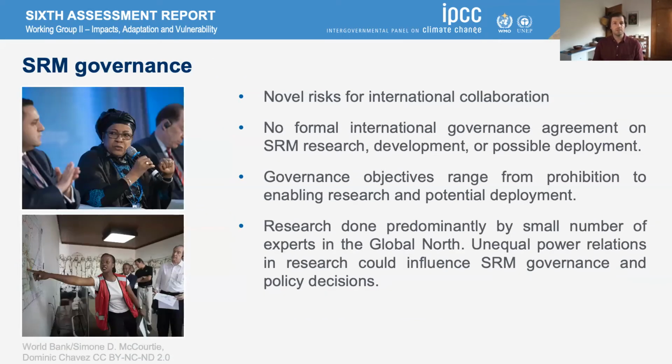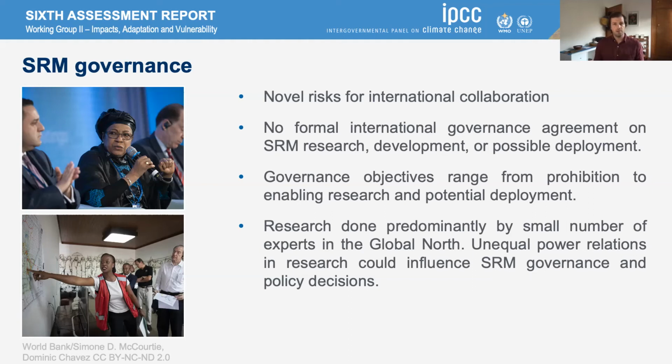Moving now to SRM governance. The report assesses that there would be novel risks to international collaboration from an SRM deployment. And this is in the context where SRM could be deployed by a small group of nations or potentially even unilaterally, and countries can have very different preferences for optimal temperatures for SRM, for cooling. And so there could also be attempts to counter geoengineer.